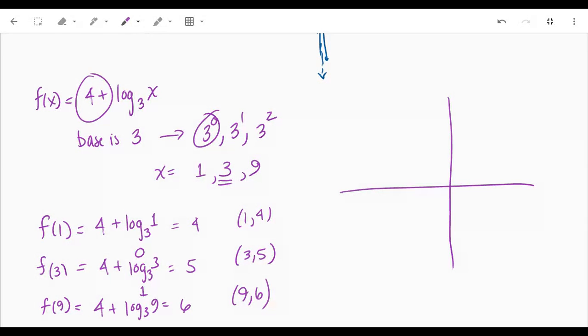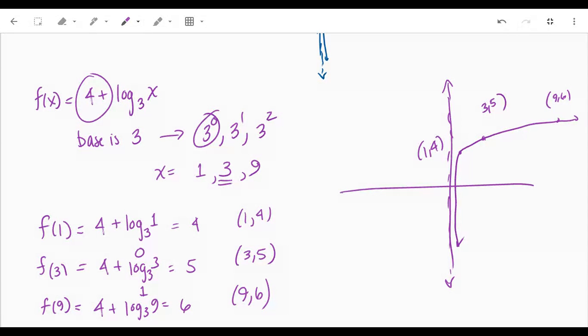So the asymptote will not change. Still there. Okay, in this section, the asymptote never changes. It's always x equals 0. Then we have our point (1, 4). We have our point (3, 5). And we'll have our point (9, 6). Okay, so there you go. Graph should look like that.